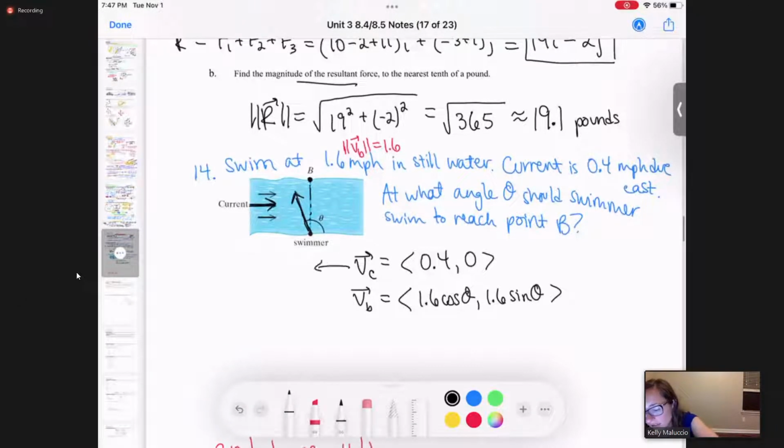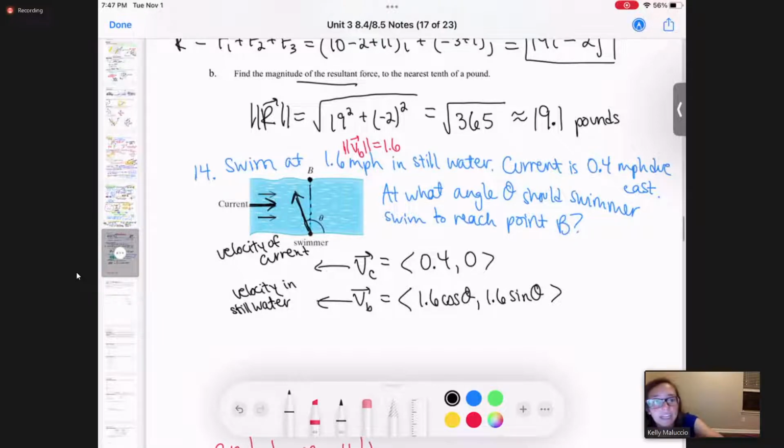So this is the velocity of the current. This is the velocity in still water.